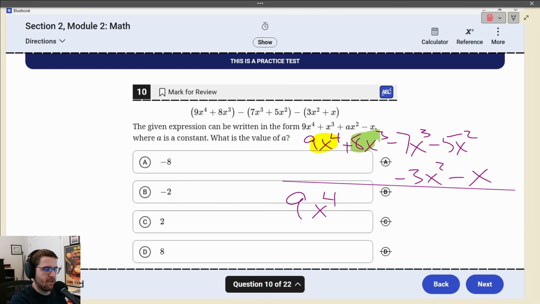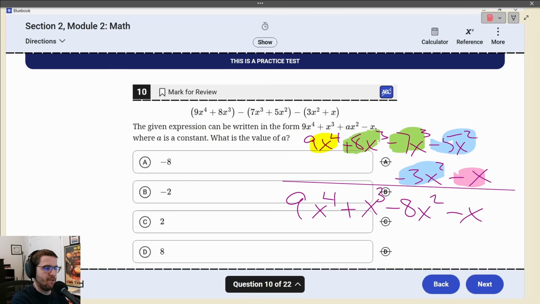We got 8x cubed minus 7x cubed, so that is 1x cubed or just x cubed. So far, it's looking like it's matching the thing in the question, so that's a good sign. And now we've got -5x squared minus 3x squared. That's minus 8x squared. And then the minus x is by himself, so we just put minus x.